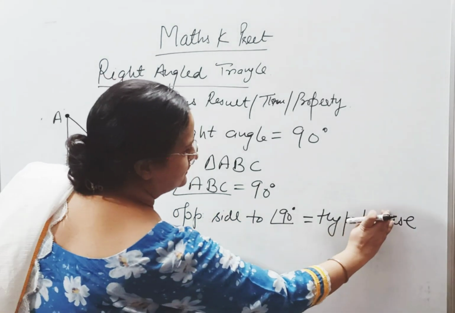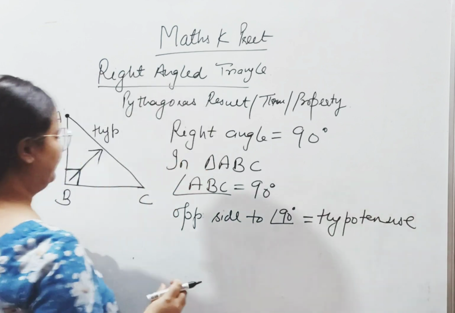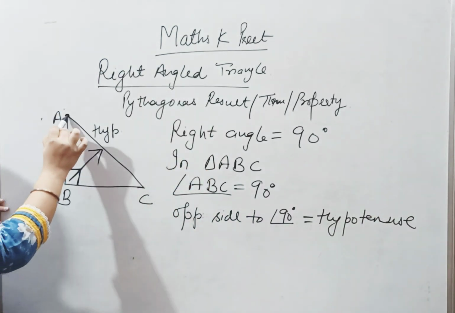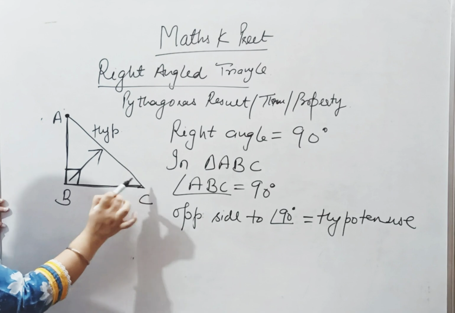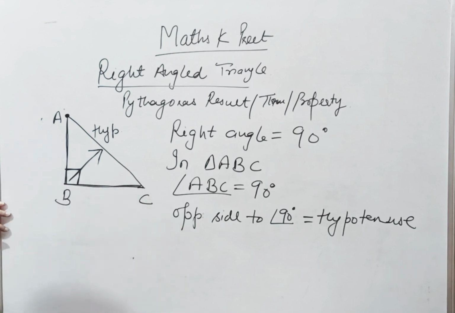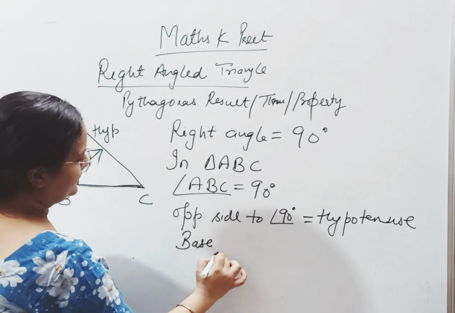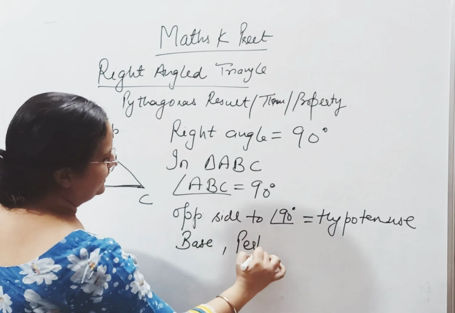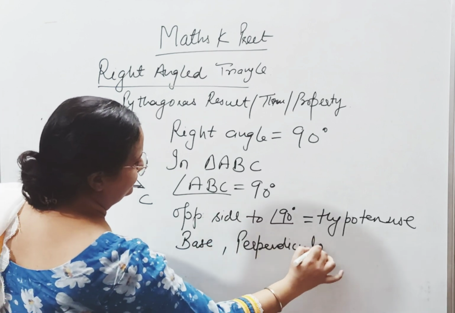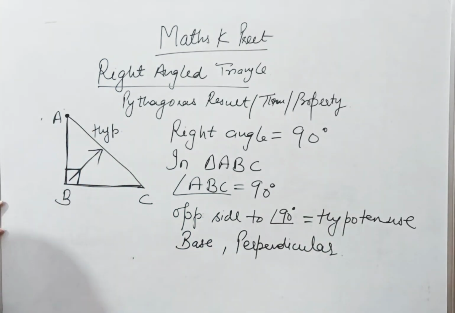These are the spellings, hypotenuse. And the rest of the two sides are called the legs of the right angle. We can take these as base and perpendicular. One can take in any way. If this is perpendicular, then this will be base.